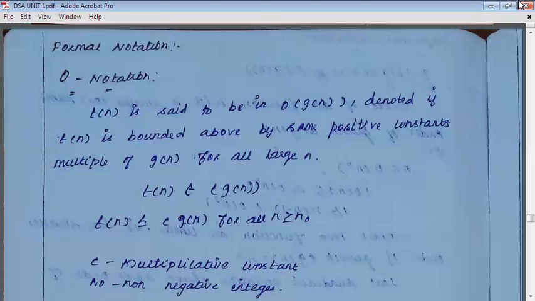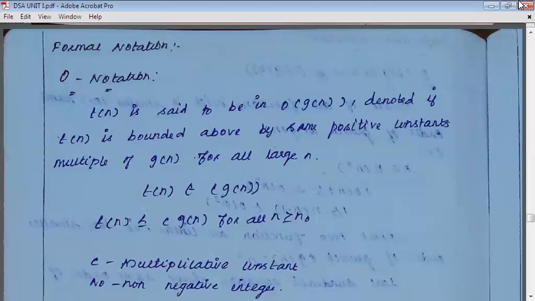n is the number of inputs. Here the condition is that n is a large value, not a negative value, only a positive value, so it's a positive constant. T of n is said to be in big O of g of n if T of n is bounded above by some positive constant multiple of g of n for all large n.